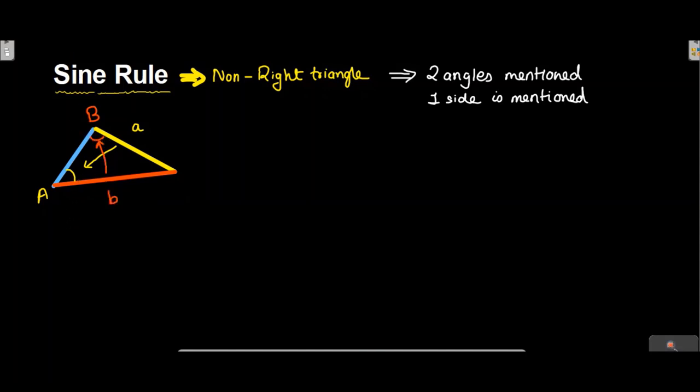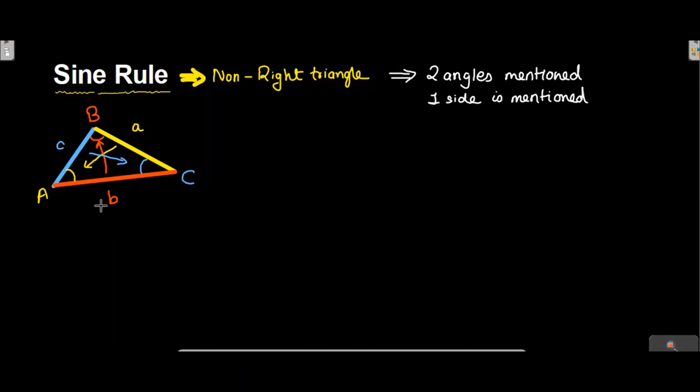Similarly, for this blue line, the angle just opposite it is C, so I can write the opposite side of angle C as small letter c. We cannot mismatch them. If you mismatch them, the formula will give you a wrong answer. So you need to write the correct values.